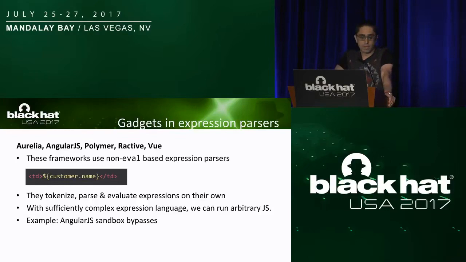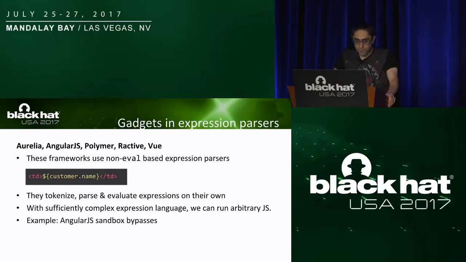This yellow code, customer.name, is not JavaScript. This is a custom language created by the Aurelia framework, that gets parsed by Aurelia and later on evaluated. What Aurelia does is it creates a chain of functions that will eventually fetch the name property of some customer object and then insert it using innerHTML or innerText into this TD element.